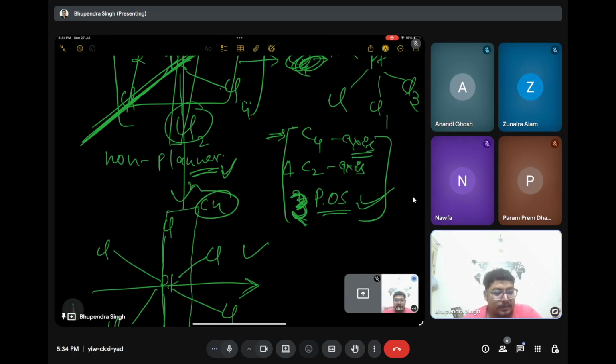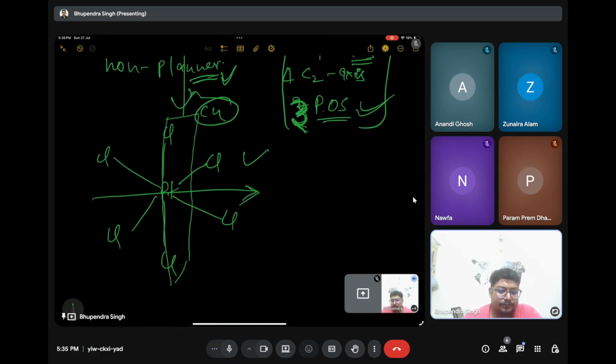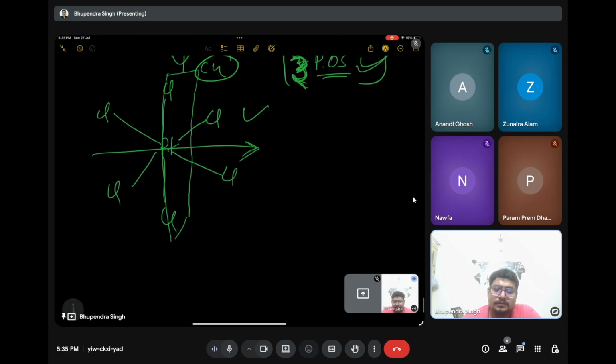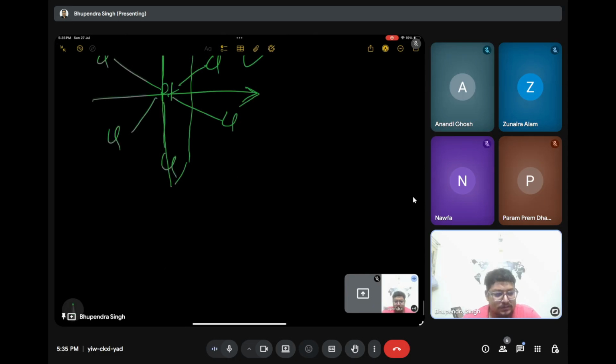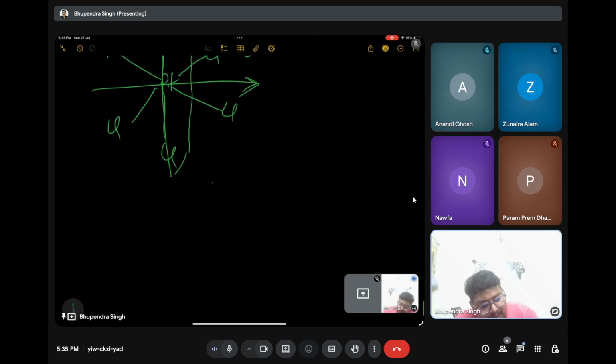You can determine what the principal axis is, how many C2 axes are present, which planes are present, and whether a center of inversion is there or not. For the center of inversion case, we will also discuss these molecules.